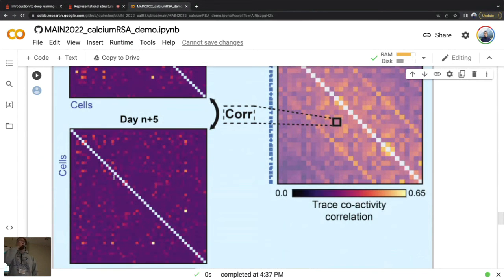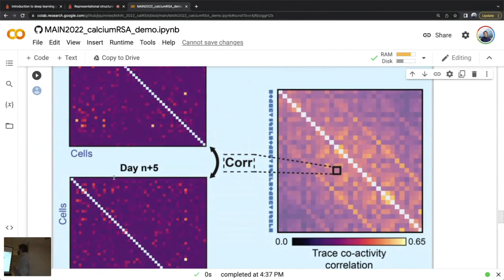So if there's a strong change in the representation and the network activity across pairs of days, the coactivity among neurons would change dramatically. The relationship in firing among pairs of cells would change. So we could build the same matrix using this approach, because we have this coactivity measure on every day, and we're able to track the same neurons. So we know if the same pairs exist on certain days.